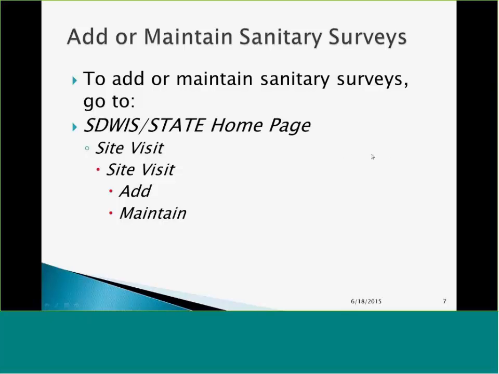And now we're going to show how you would actually enter a sanitary survey in SDWIS. So from the side menu, you would select sanitary survey, and you can add a new one. You can maintain. So if you have one in there already and you need to go back and update some information, you can click maintain and then enter your water system number.